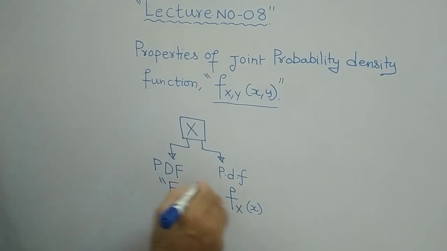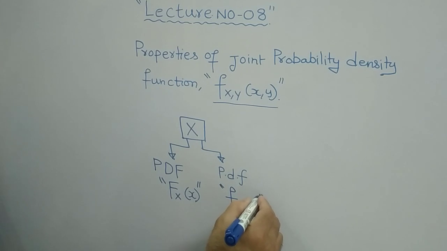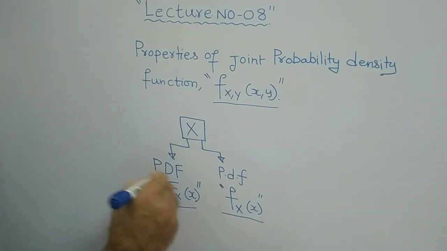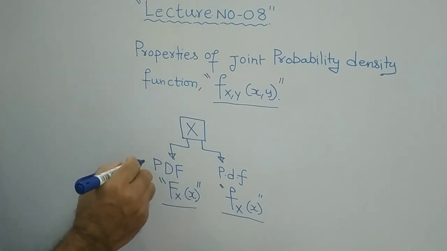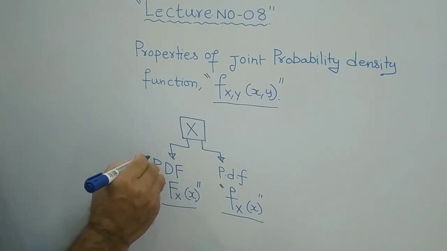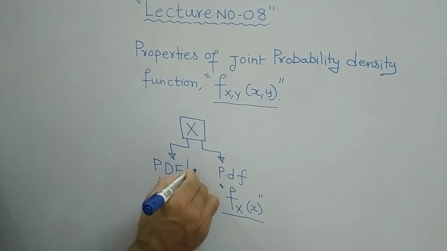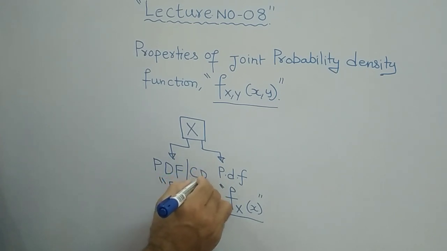This is capital F of x and this is small f of x. These are the two types of functions that any random variable can have. One is the capital PDF, which can also be called the CDF.